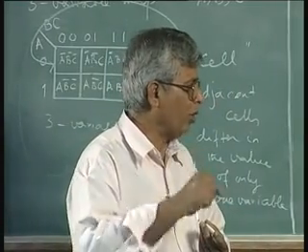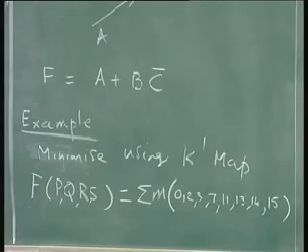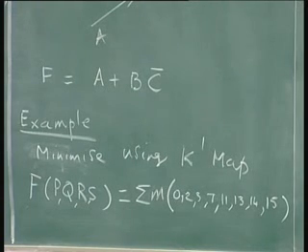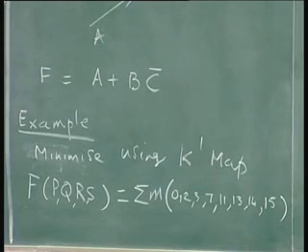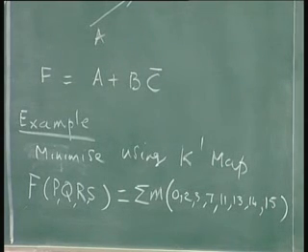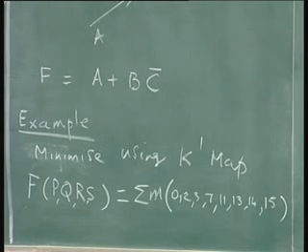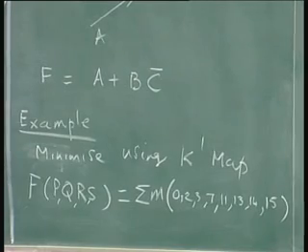So I have a function of PQRS, 4 variables. And if you write a truth table, you will have 16 rows, or 16 minterms. Minterm number 0, 2, 3, 7, 11, 13, 14, 15 have true outputs or 1 outputs, and other minterms, namely 1, 4, 5, 6, 8, 9, 10, 12 have 0 or false as outputs.